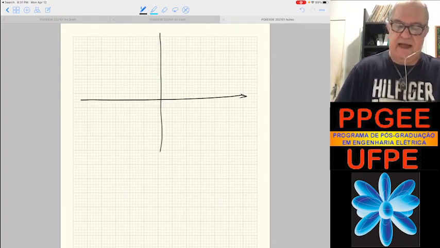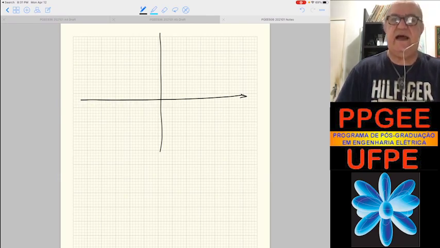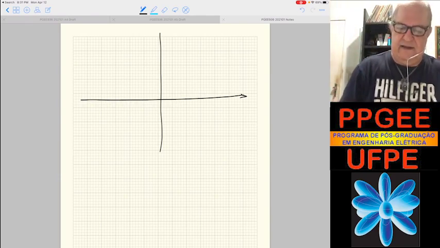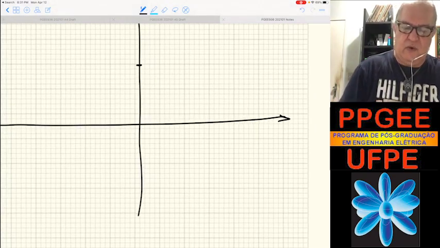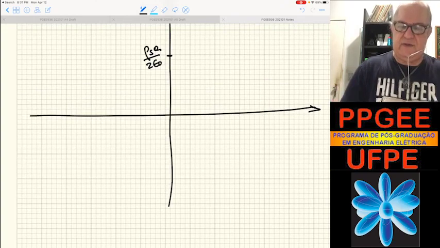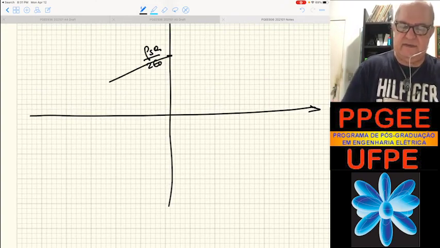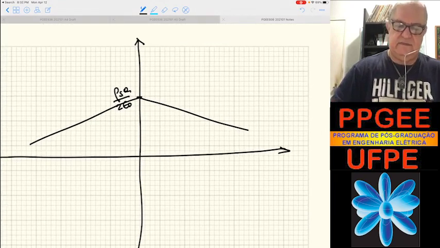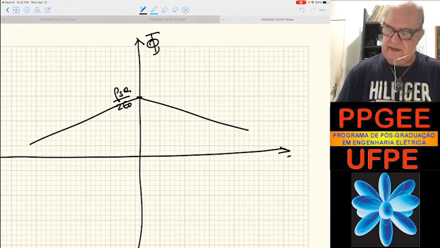So the potential at z equals 0 is going to be a large value, which is rho S A over 2 epsilon 0. Then have the magnitude function, something like this. That's the potential as a function of z.